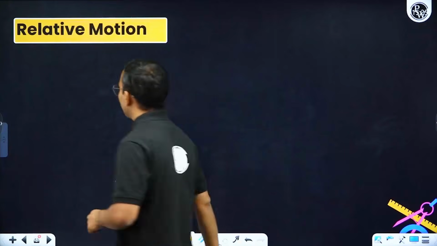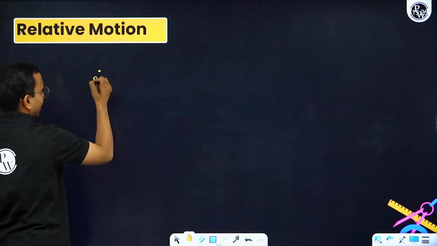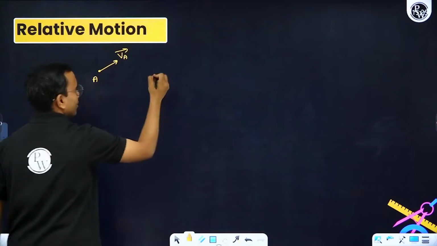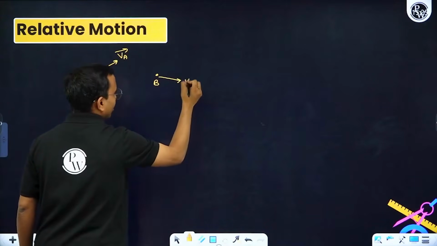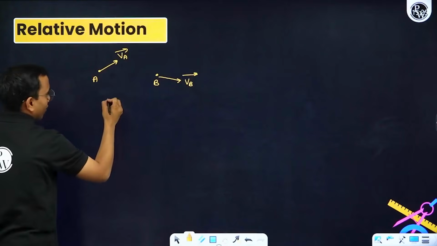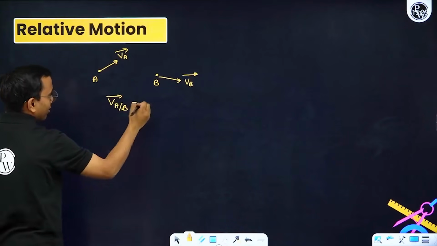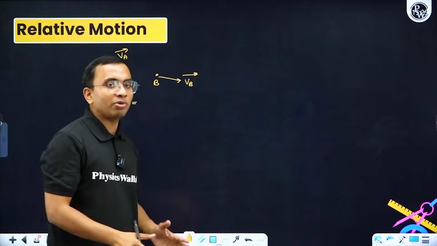Relative velocity means, let us take, this is particle A having some velocity VA, this is particle B having some velocity VB in some direction. If I want to write velocity of A with respect to B, what does it mean? With respect to B means B is your frame of reference.